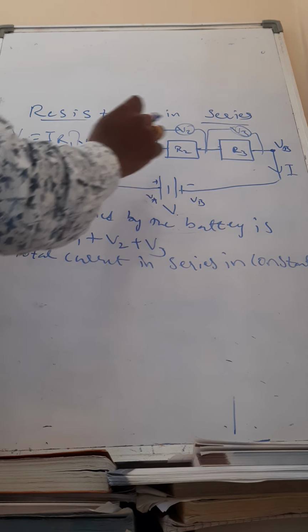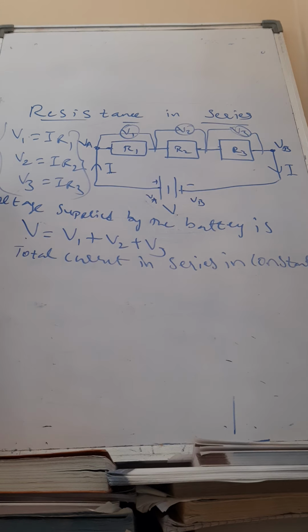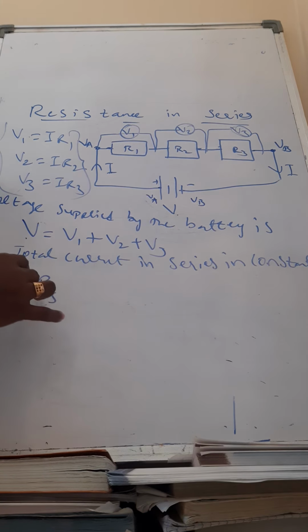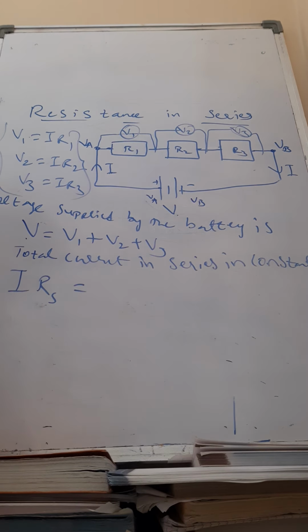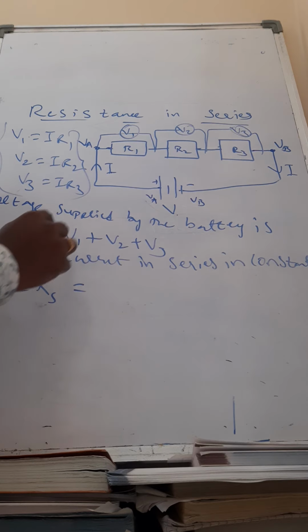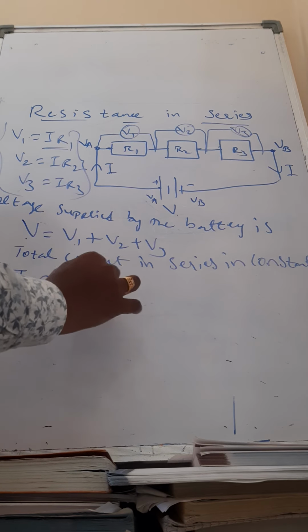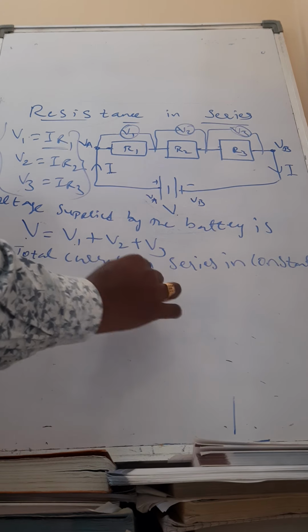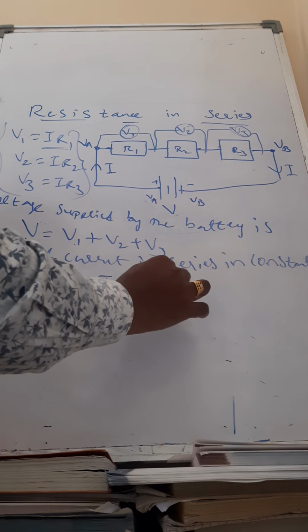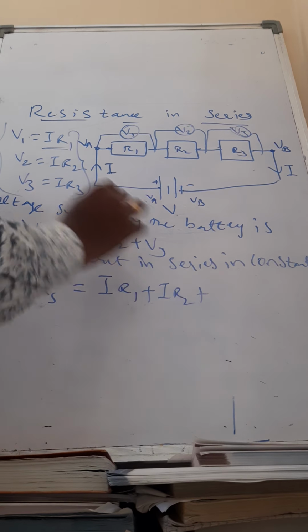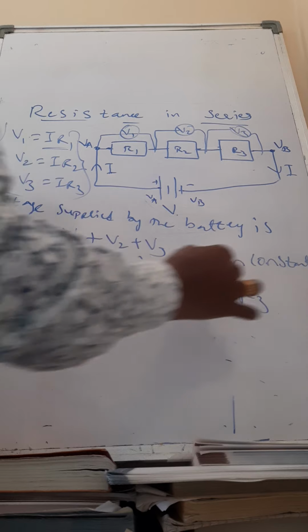The total resistance which I have connected in series, I am taking as RS, which is equal to V1, that is I into R1, plus V2, I into R2, plus V3, I into R3.